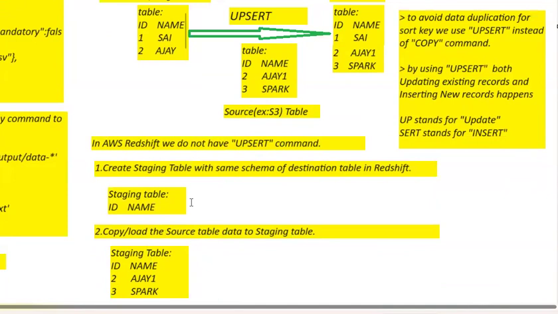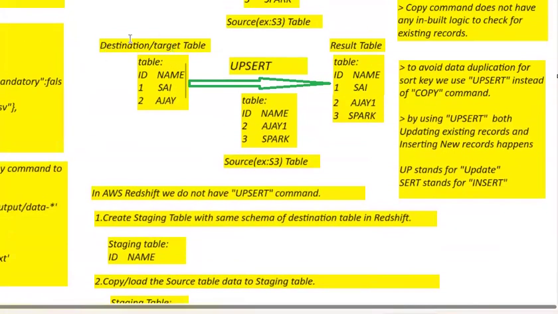In the third step, we need to update our destination table or target table which is present in your Redshift. We need to update the value of your destination table based on ID.